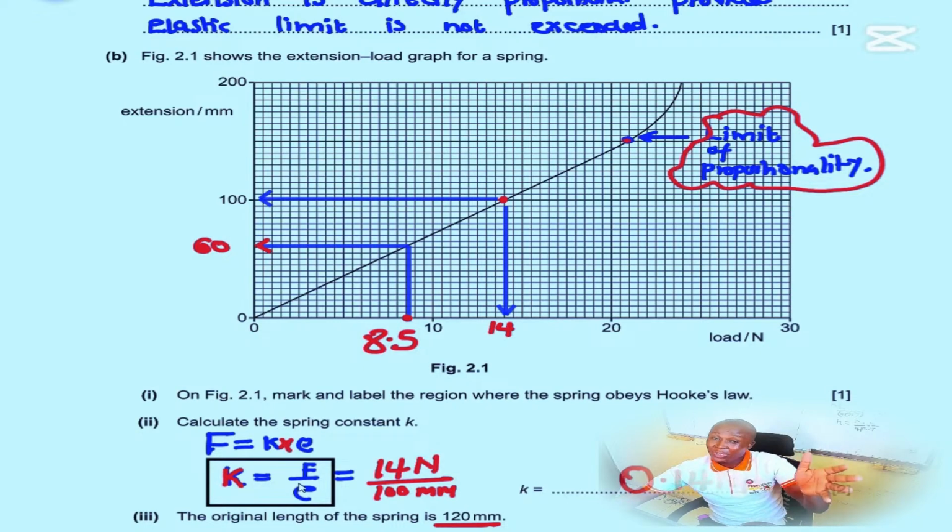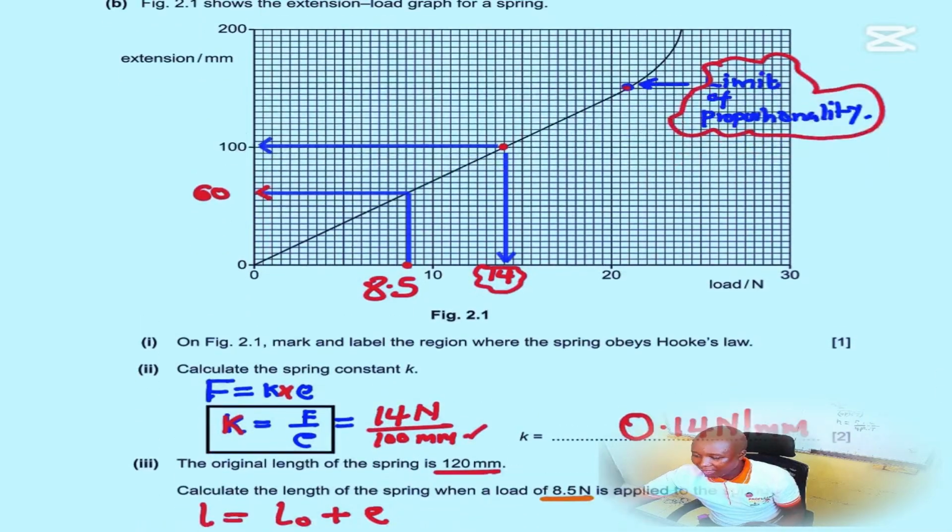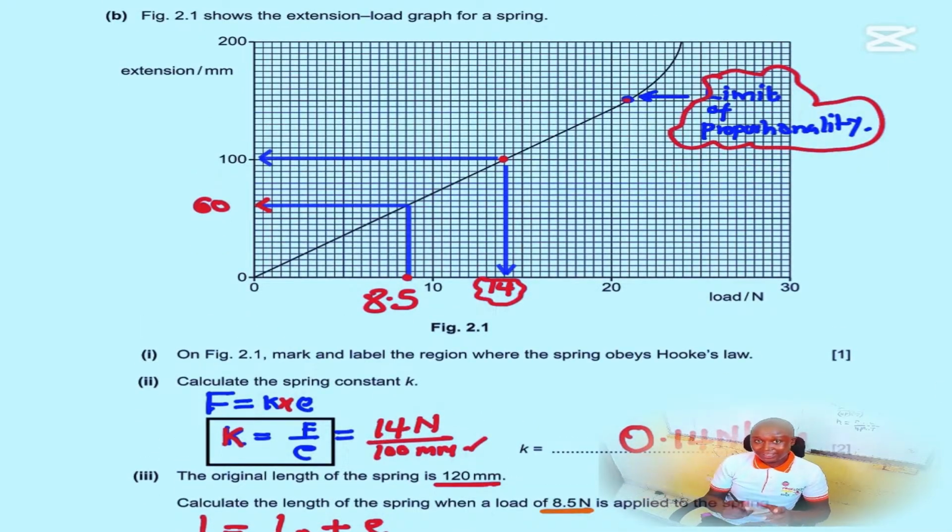Where are you going to get them from? You go to the straight part of the graph, then you can read the extension being 100 millimeters, and you read the force, or the load, which is 14 Newton. If you work it out, you are going to get your answer 0.14 Newton per millimeter.